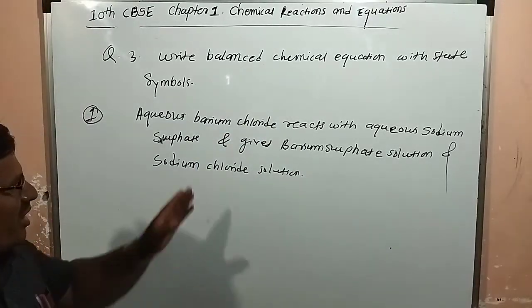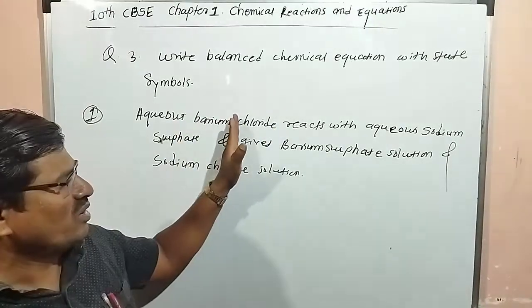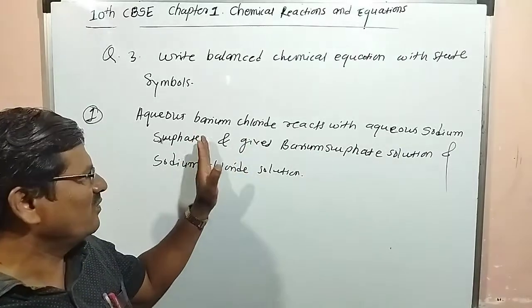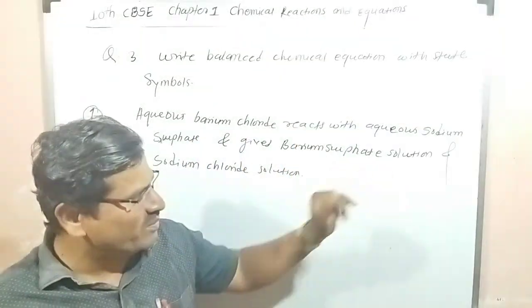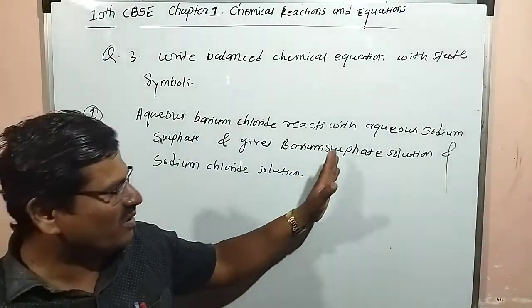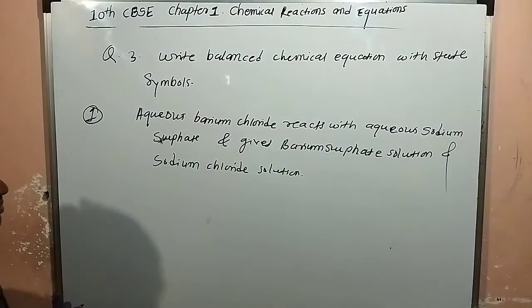So the statement is that aqueous barium chloride reacts with aqueous sodium sulfate and gives barium sulfate, and it is giving sodium chloride solution.